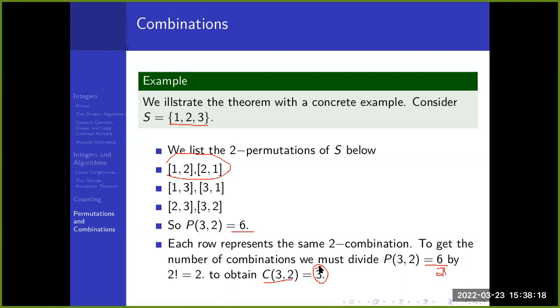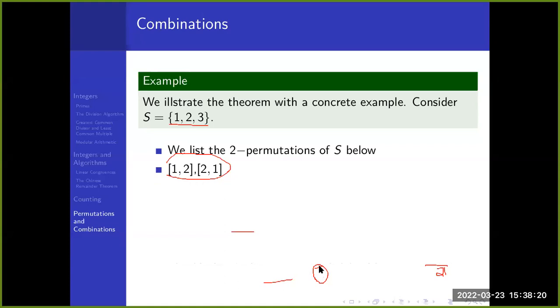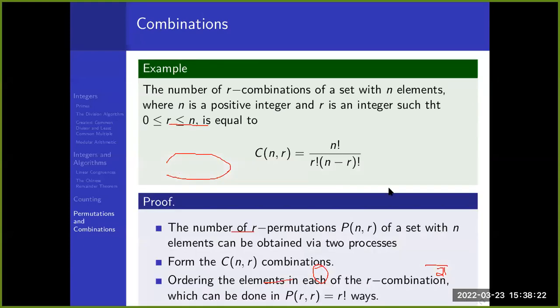So if you look at the theorem, this part is simply P(n, R), right? And all of this is divided by R factorial. So that's what the example is trying to illustrate. n was 3, R is 2.